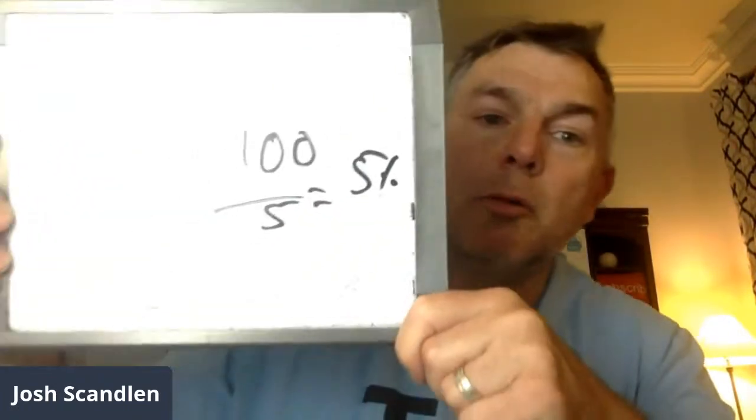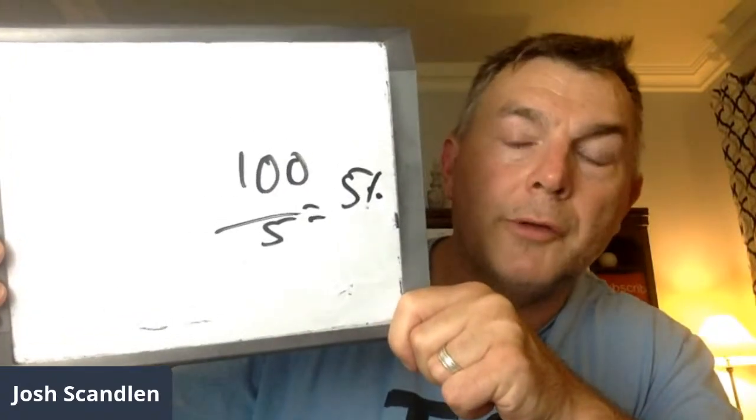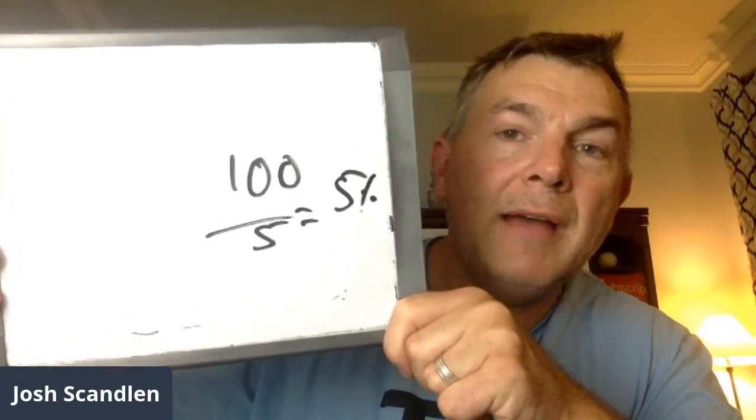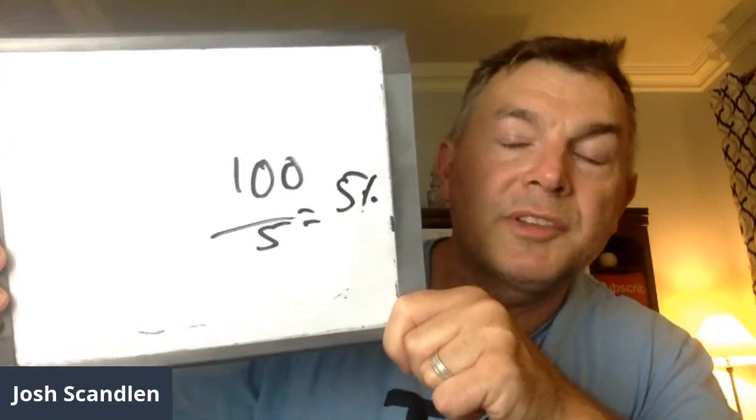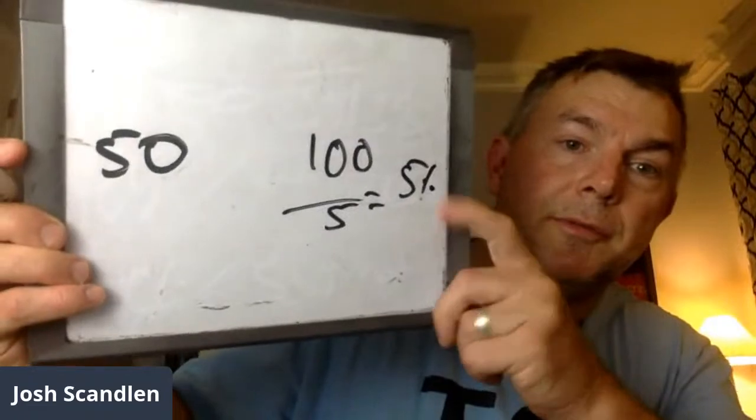If our price per share drops by 50%, all right, so remember, right now the stock is trading at 100. It gives a $5 per share dividend, which means I have a 5% dividend yield. Everybody with me on that? If the price per share of the stock drops by 50%, now I have a $50 share price.